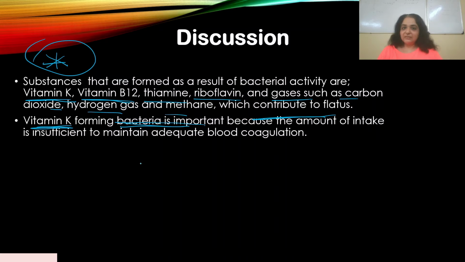It fulfills that need, because vitamin K is important for maintaining adequate blood coagulation. So this is a good question. Please note it down in your notebooks. All right, so clear. Move on to the next question.